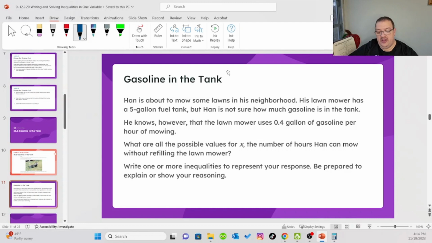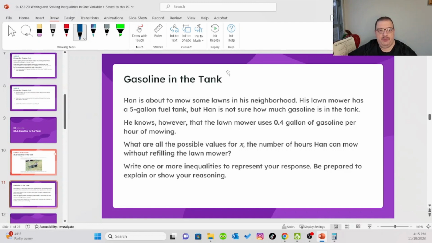He knows, however, that the lawnmower uses 0.4 gallons of gasoline per hour of mowing. What are all the possible values of x, the number of hours Han can mow without refilling the lawnmower? Write one or more inequalities to represent your response. Be prepared to explain or show your reasoning.